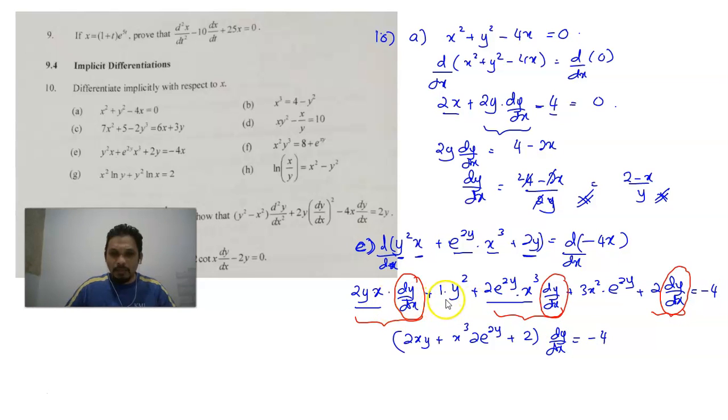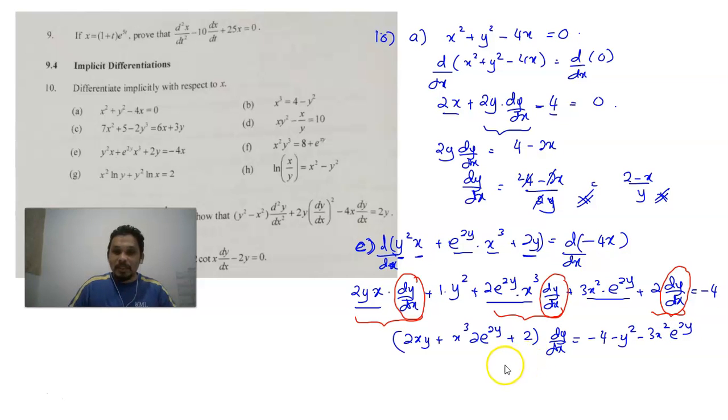Now the y squared here becomes minus y squared, and also minus 3x squared e to the power of 2y.